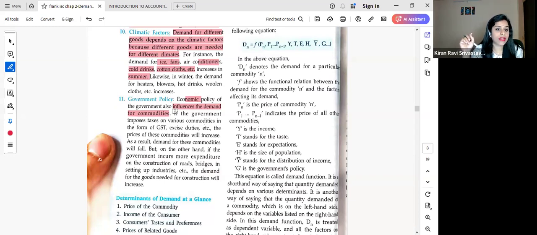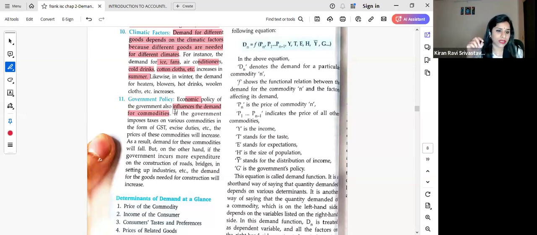So what happened? There was a lot of talk about it. There was a lot of resistance: why 18% on food? Then the demand had fallen, and the government had to reduce that 18% GST to 5%. Whenever you go to a restaurant and they give you a proper bill, you can see the GST calculation there.